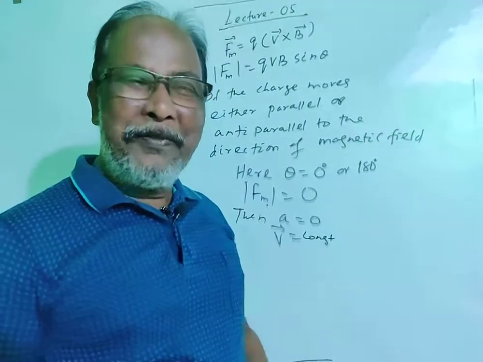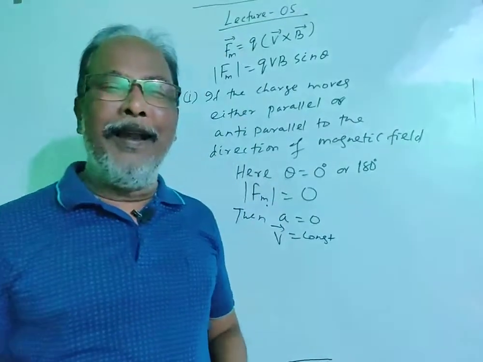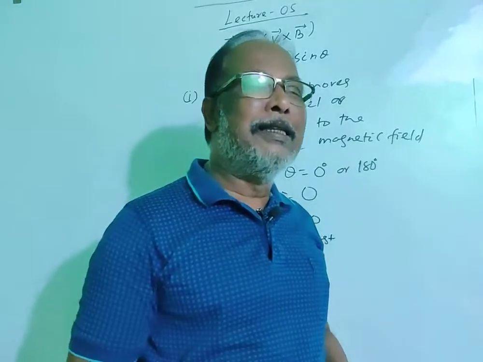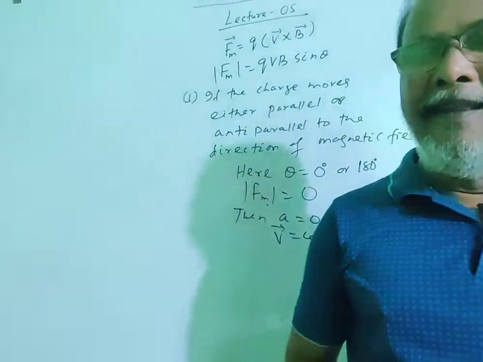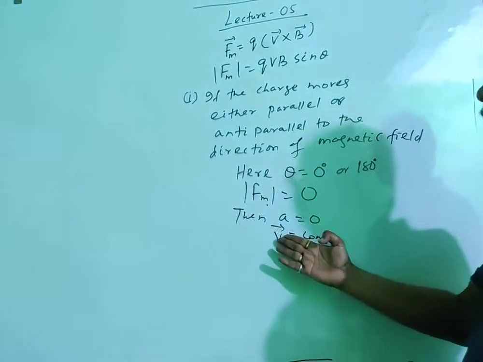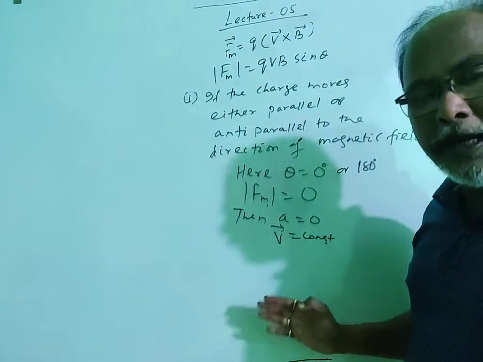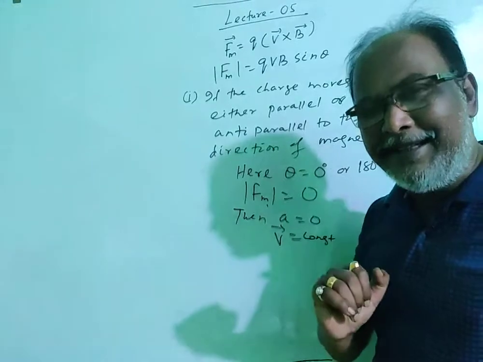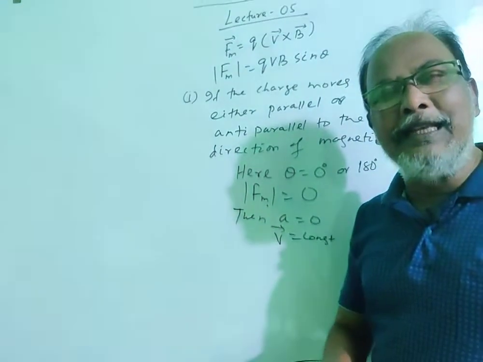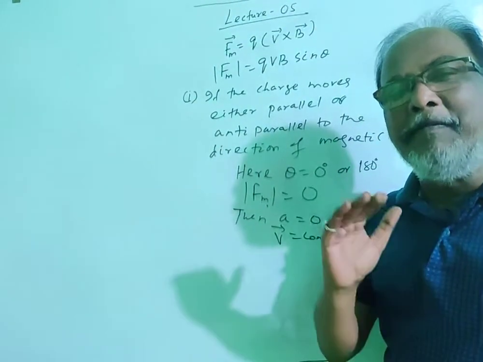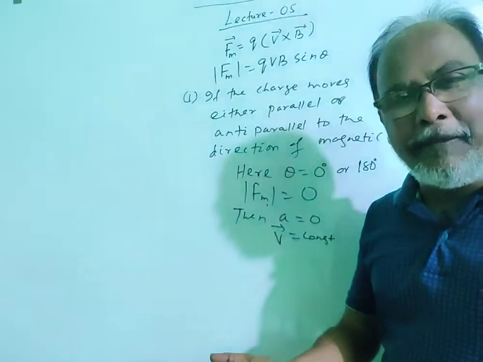So if a charged particle moves either parallel or anti-parallel to the direction of magnetic field, then force experienced by the charged particle is 0 and velocity is constant. Means the charged particle exhibits uniform motion in the magnetic field.